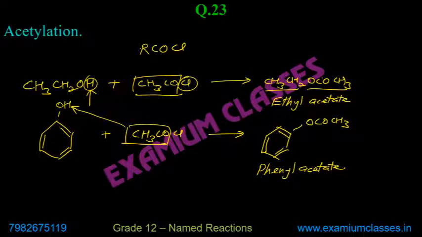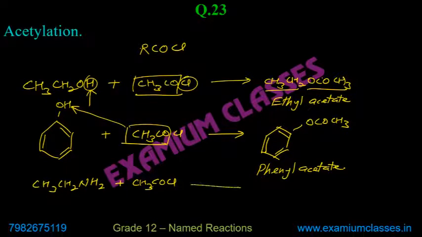Or as I said, primary amine and secondary amine also. So this reaction will happen with amines also. Suppose instead of the alcoholic group, I have a primary amine. I'll go for secondary amine as well, but it does not happen for tertiary amine. Plus CH3COCl.